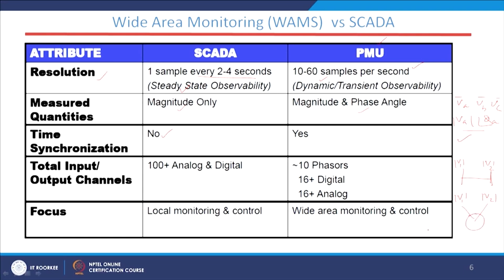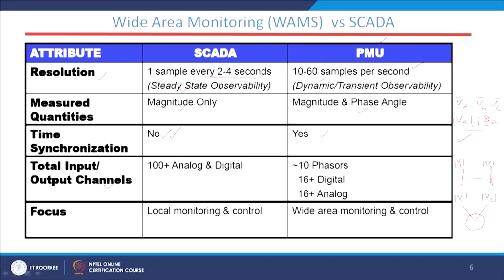That synchronization is missing in case of SCADA, but in case of PMU, synchronization is present. We can compare these two bus voltages or angles at a common time frame. That is why the satellite, the GPS system, helps. It provides a common reference or universal clock signal to each PMU station where the PMUs are installed. So, each PMU receives a clock signal from the GPS satellite.